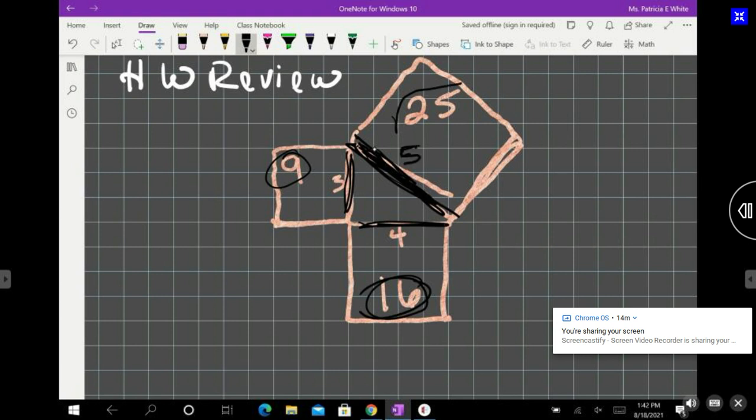It says a squared plus b squared equals c squared, right? That's what we're doing on these problems. Mathematically, we square our numbers. We add them, and then we get the square root.